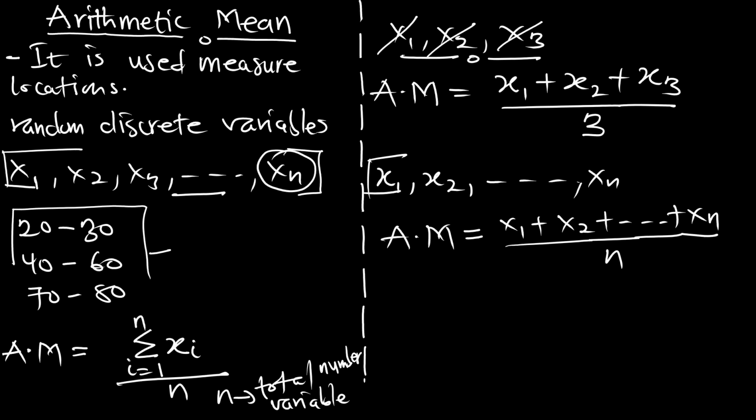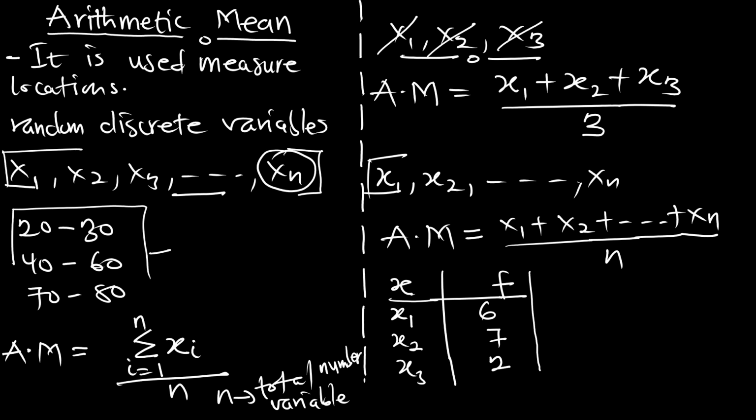In certain forms, you may see them in a grouped manner where we can have x and we can have the frequency. So in this form, I'm going to have, say, x1 making an appearance of 6, x2 making an appearance of 7, and x3 making an appearance of 2. In this case, we are going to use the mean formula, with the mean as x-bar. Remember, anytime you're asked to find the mean without anything attached, that's what we call the arithmetic mean. So arithmetic mean in its general term is just the mean. Are we okay?